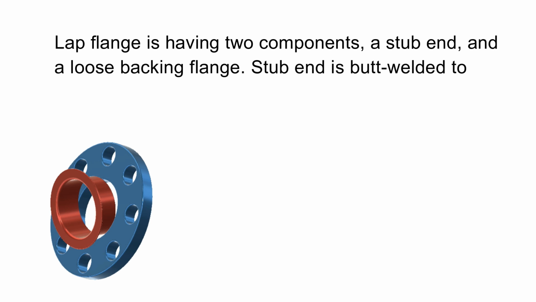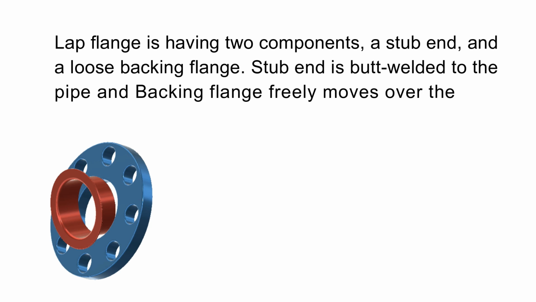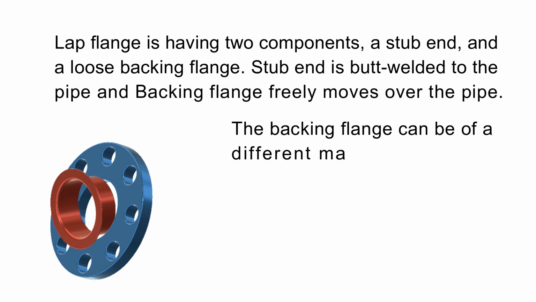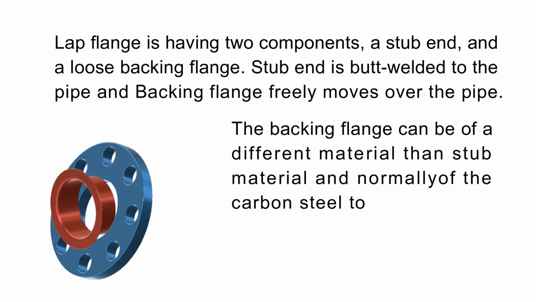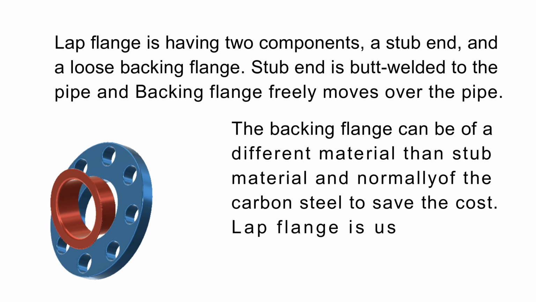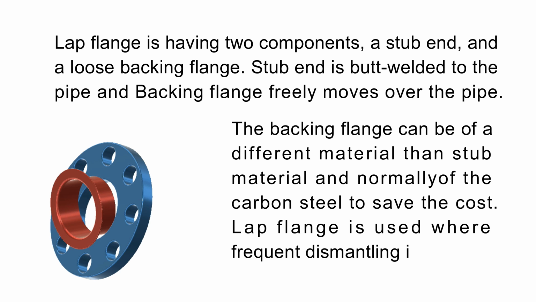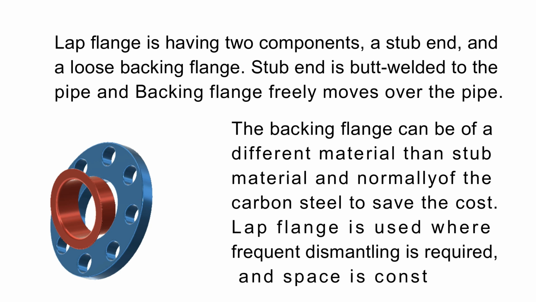The stub end is butt welded to the pipe and the backing flange freely moves over the pipe. The backing flange can be of a different material than the stub end, normally carbon steel, to save the cost. Lap flange is used where frequent dismantling is required and space is constrained.